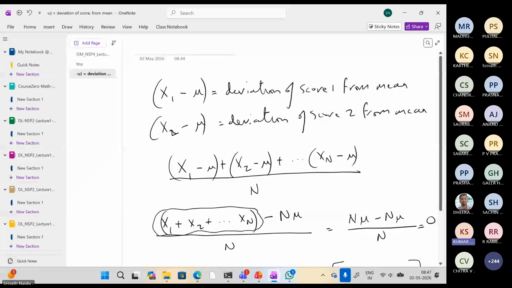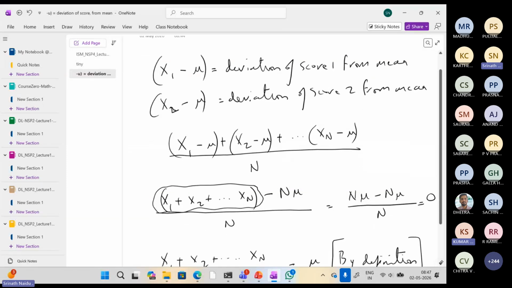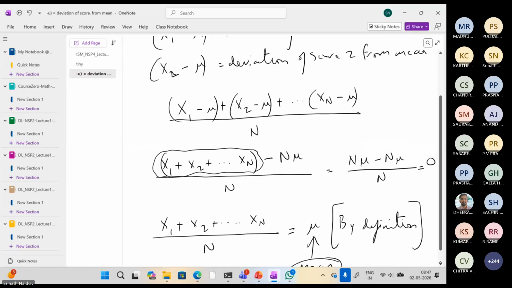The second last equation. If you look at it, you mentioned n mu minus n mu divided by n. So what I did was I substituted for this guy. The equation had x1 plus x2 plus xn minus n mu divided by n. Now I substituted for x1 plus x2 plus xn from the third equation.